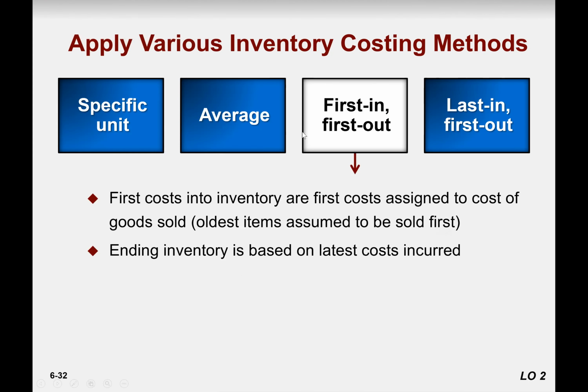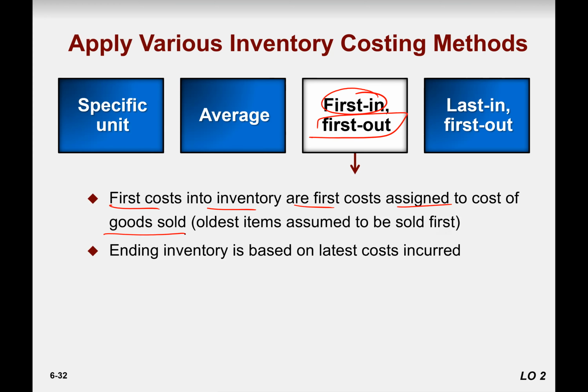So what is the purpose of first in, first out? It means the inventory that we purchase first will be sold first. The first costs into the inventories are the first costs assigned to the cost of goods sold.